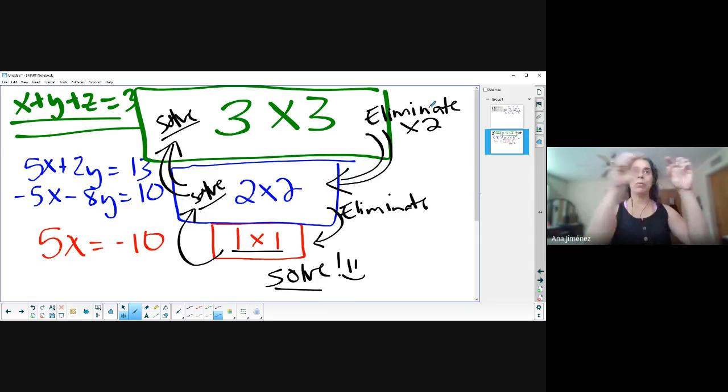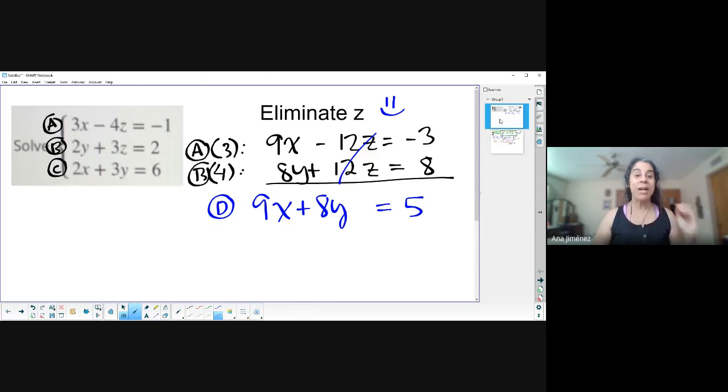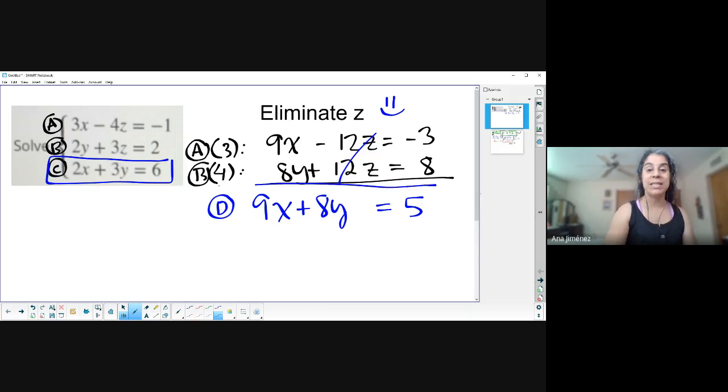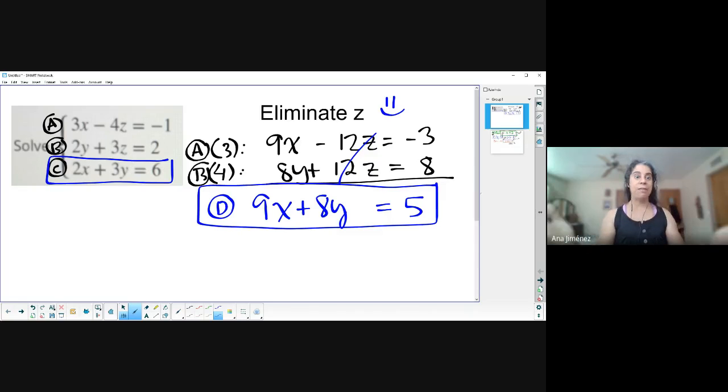So instead of equation A and B, we would use A and C or B and C. Okay, here's the joy and the delight of this problem. We don't have to do that because it's already done. We already have our 2 by 2. This has two variables. This has the same two variables, right?